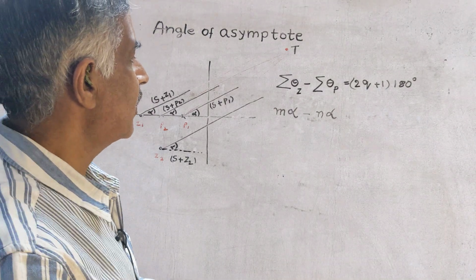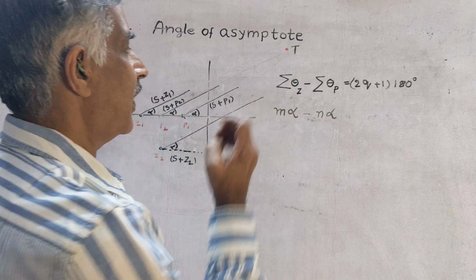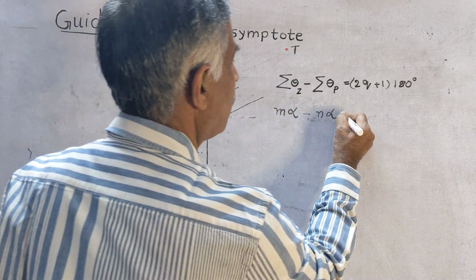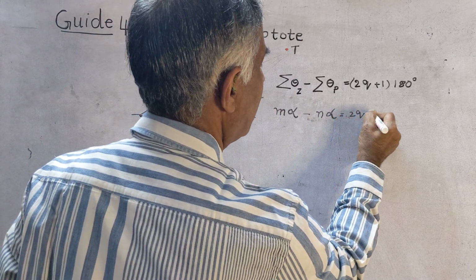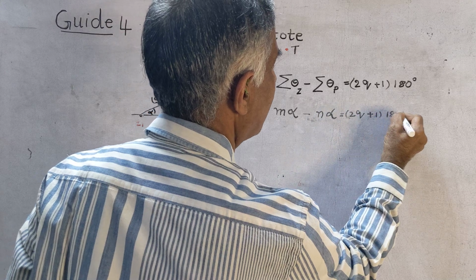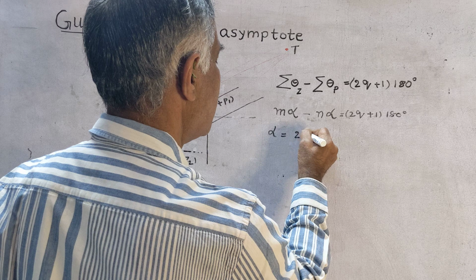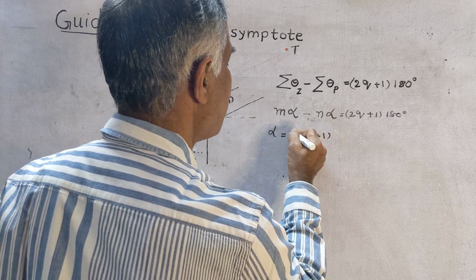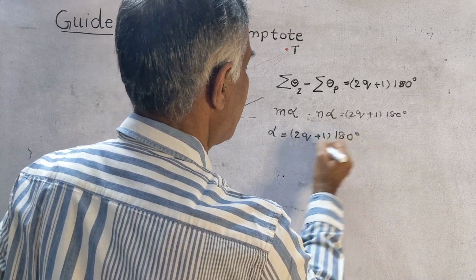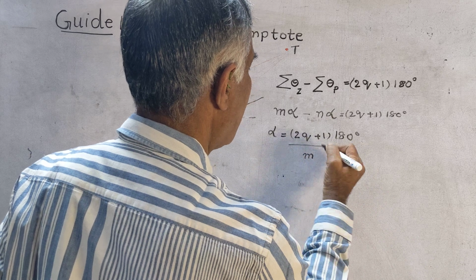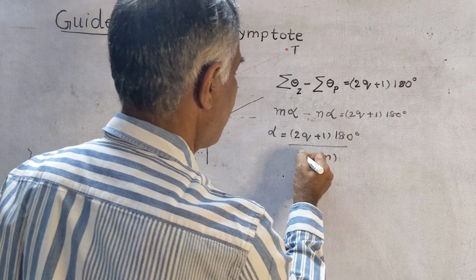So for poles it is n times alpha, equal to 2q plus 1 times 180 degrees. Therefore alpha is equal to 2q plus 1 times 180 degrees divided by m minus n.